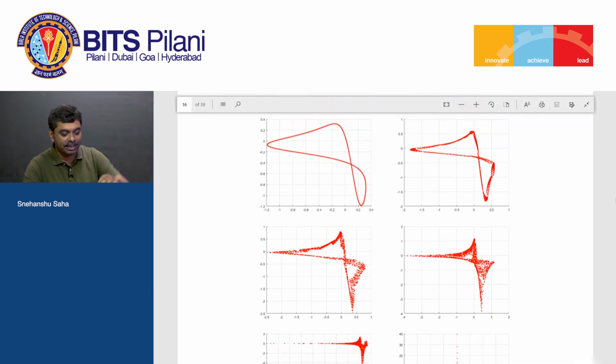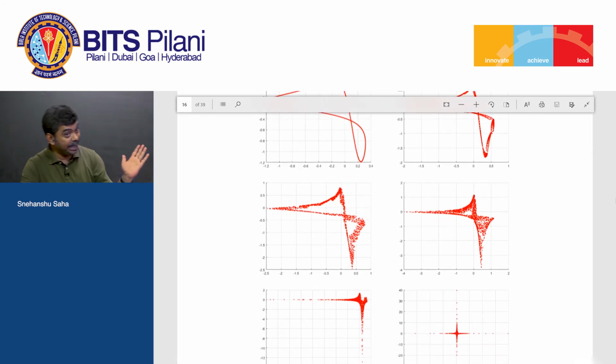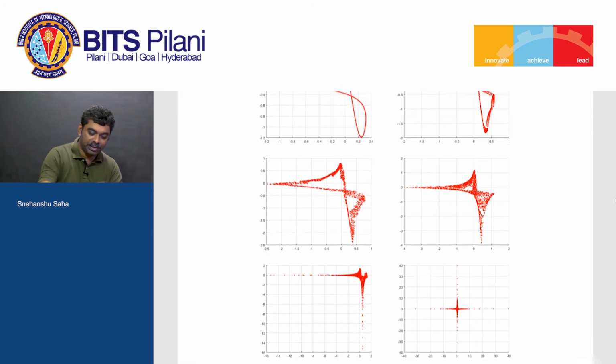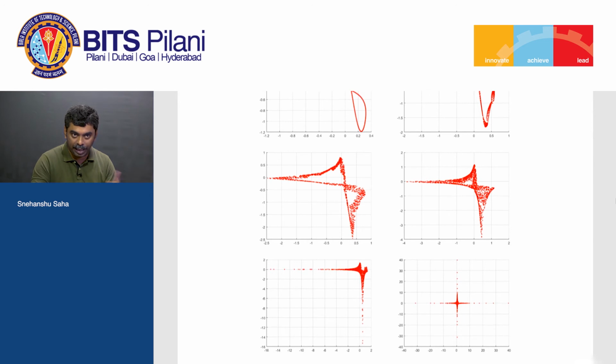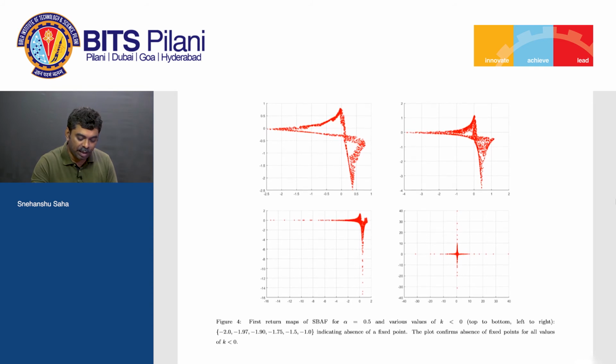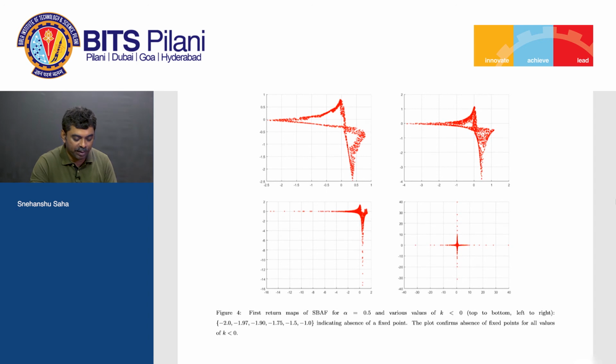We have plotted this for multiple different k values, and we see that for all k values leading up to 0 and even beyond that, you would have this very random representation of the fixed point. So we really don't have a fixed point, right? And this is true for a particular value of alpha and various values of k.